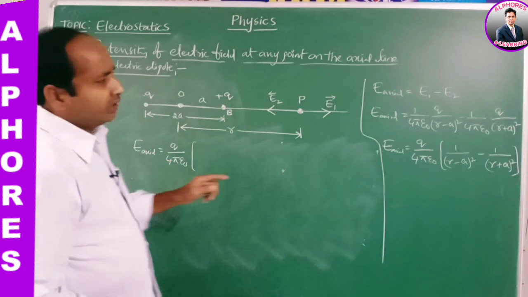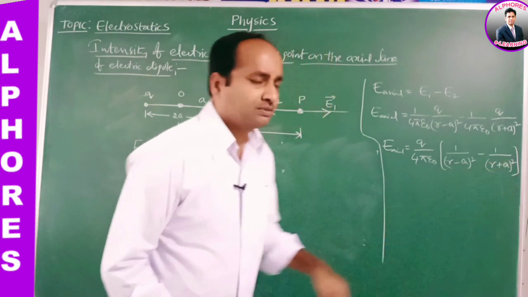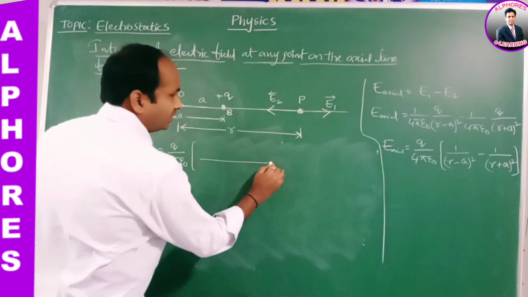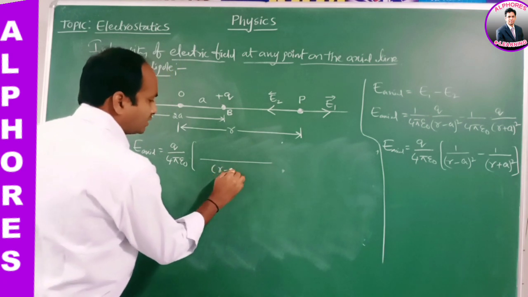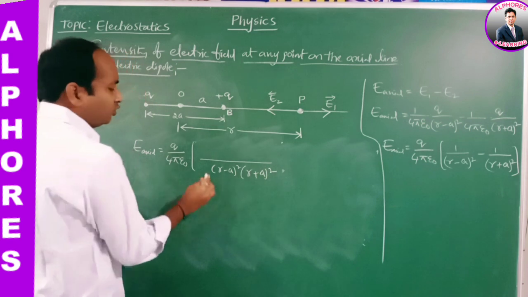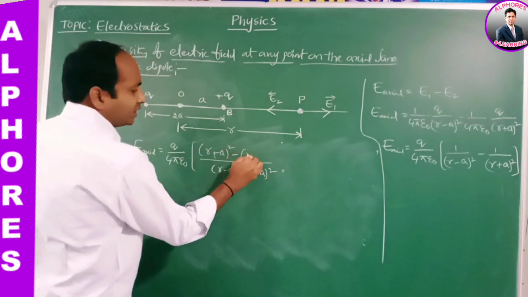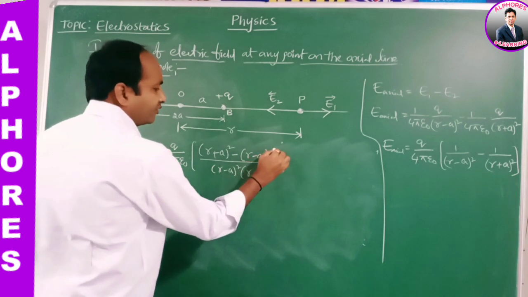Here it is in the form of (a minus b) square into (a plus b) square. What is the LCM here? It is (r minus a) whole square into (r plus a) whole square, and in the numerator you will get (r plus a) whole square minus (r minus a) whole square.